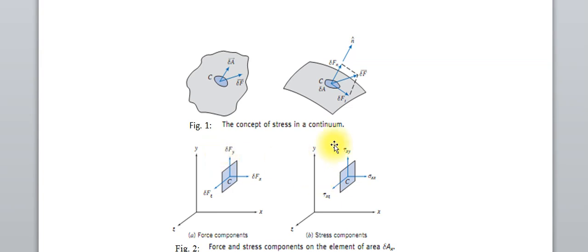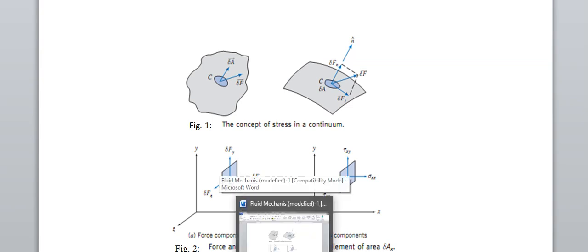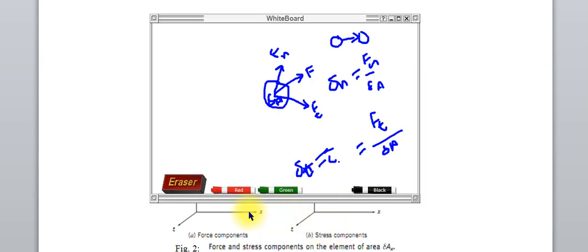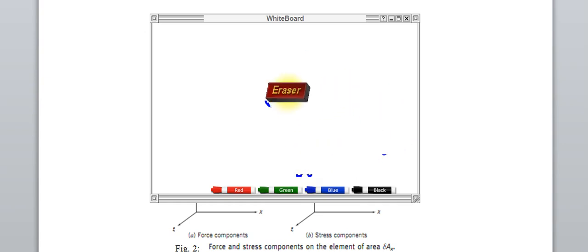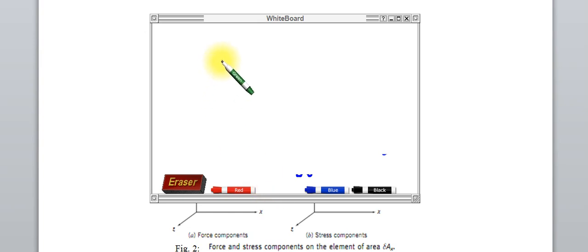Let me take this as an x surface, which I have already discussed in the previous lectures, if we consider three perpendicular surfaces in the cube form.